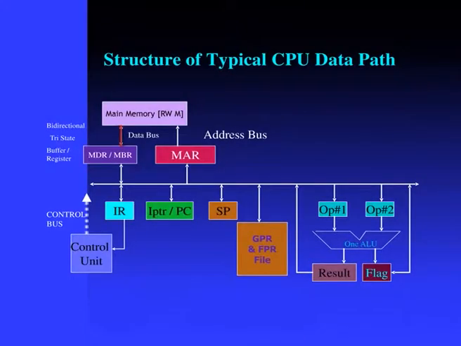After the access time has elapsed, which is the time required for the memory chip to perform the read operation and deliver data on the data bus, the contents are transferred from the data bus to the MDR. Then the contents of the MDR are transferred to the IR, the instruction register. The instruction once brought in the IR is ready to be executed by the CPU.